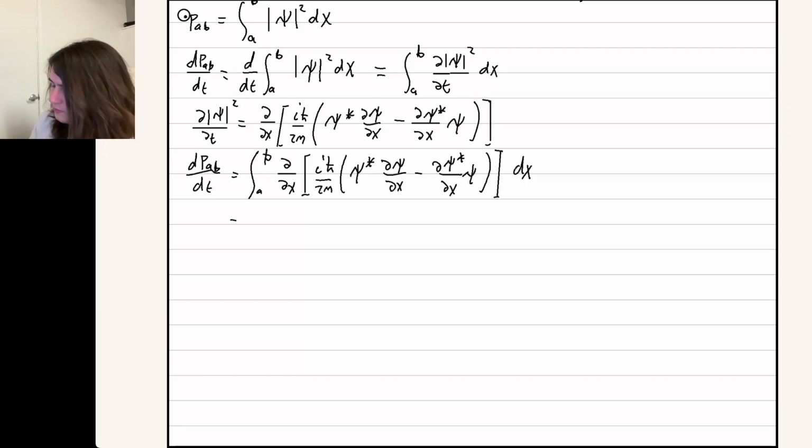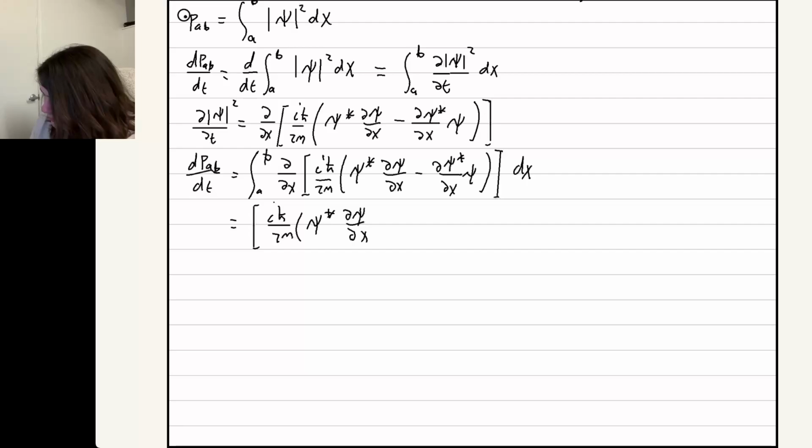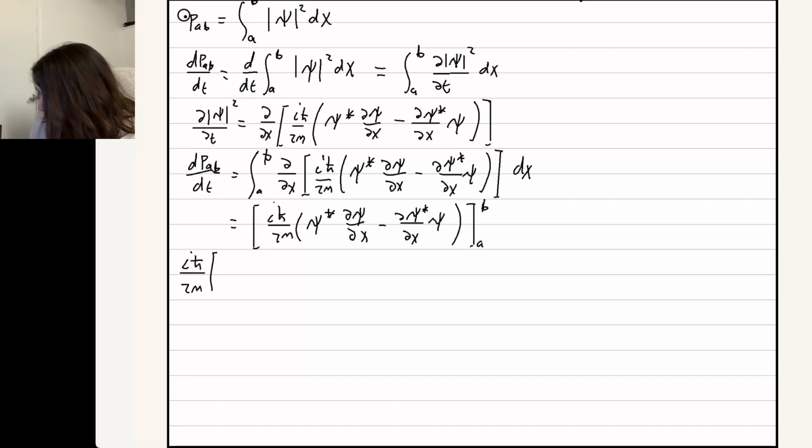So that's just going to be equal to the stuff in the brackets evaluated at the bounds. It's a little bit of the fundamental theorem of calculus there, I guess.